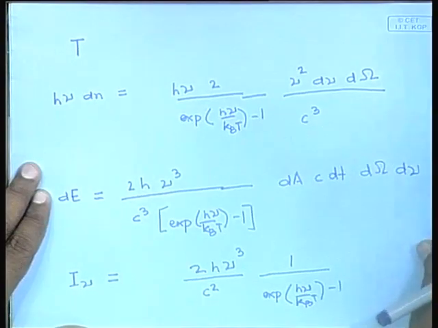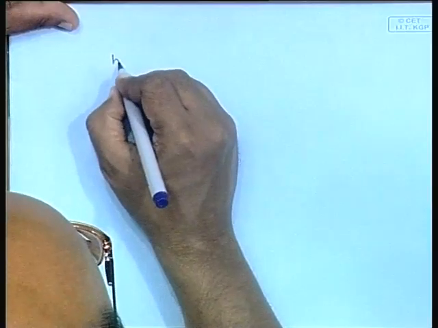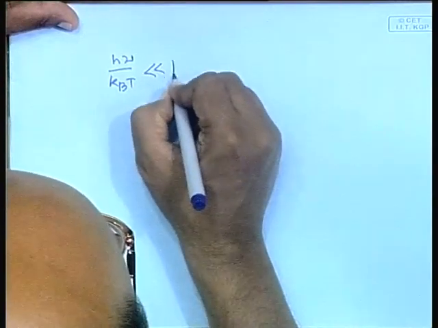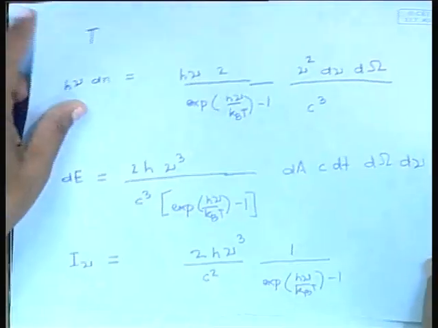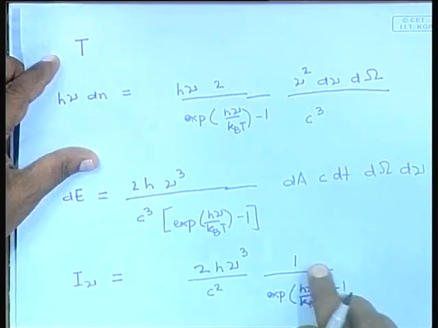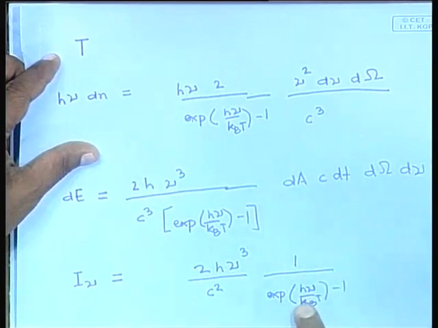black body radiation, and there is a very useful form in the limit where h nu by kBT is much less than 1. In this limit, we can do a Taylor series expansion; the one factor cancels out, and we have kBT in the numerator, h nu in the denominator, and one factor of h nu cancels out.